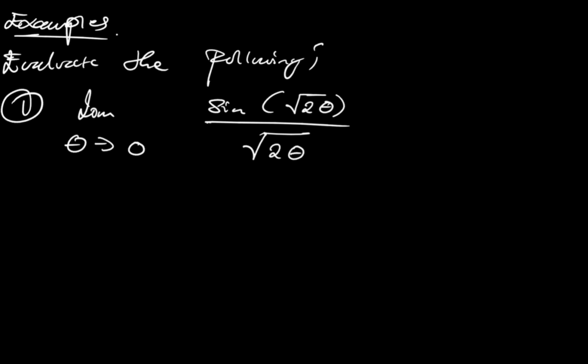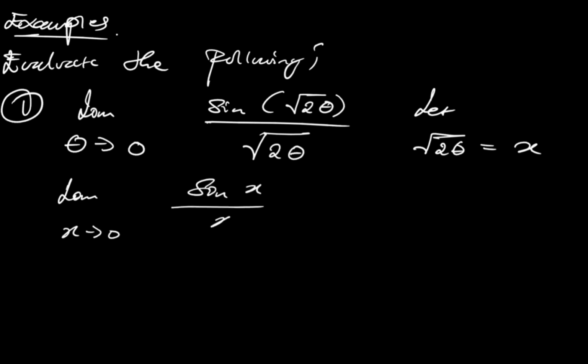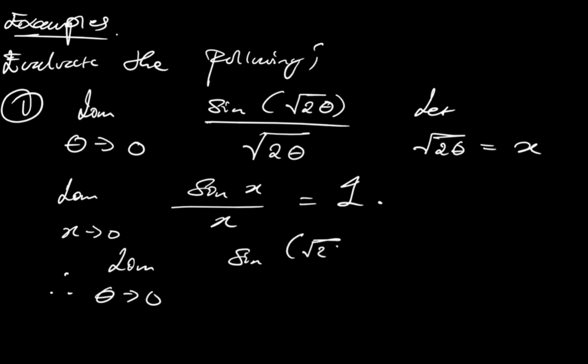So what we can do here is let root 2 theta be equal to x, and this will be the limit as x approaches 0 of sine x over x. And remember, this gives us 1. So the limit as theta approaches 0 of sine of root 2 theta over root 2 theta is equivalent to 1.